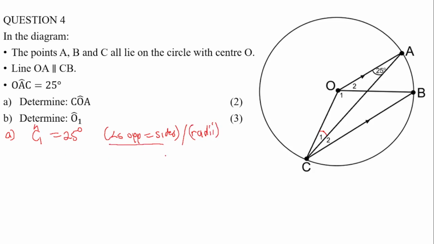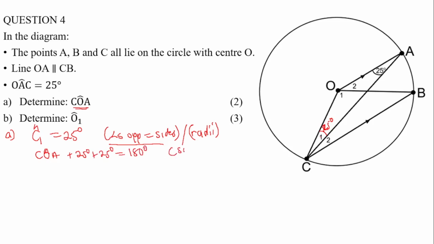And then now this is 25 degrees, and then we can find angle COA, because angle COA plus 25 degrees, which is C1, plus 25 degrees, which is angle A, must give us 180 degrees.